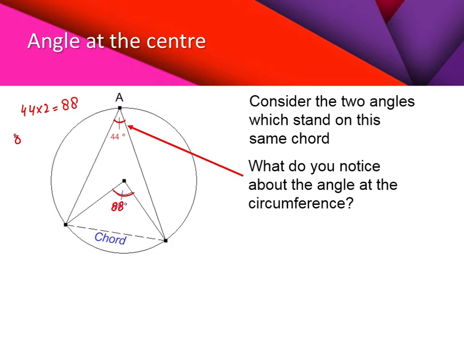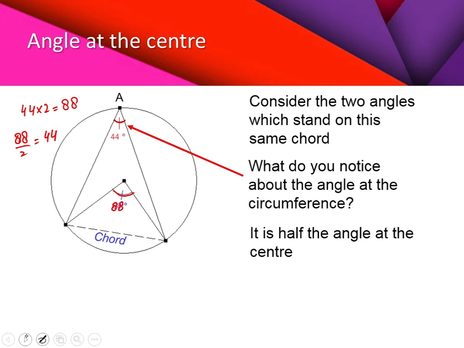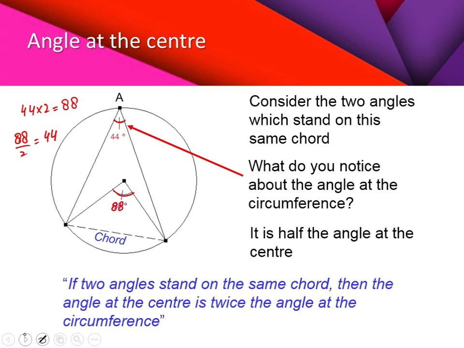Or similarly, if we divide 88 by 2, we will get the angle at the circumference. So the property is, if two angles stand on the same chord, then the angle at the center is twice the angle at the circumference.